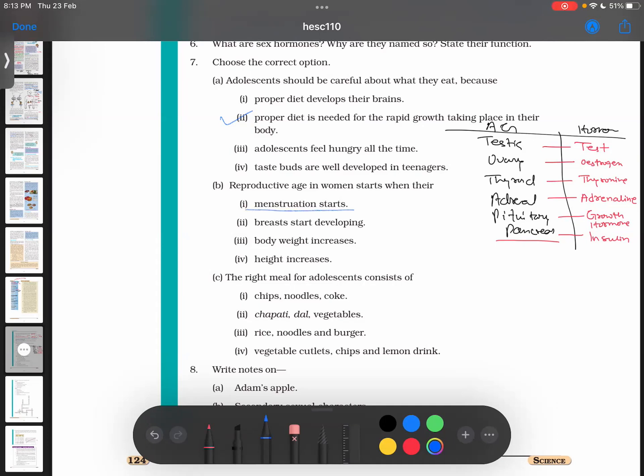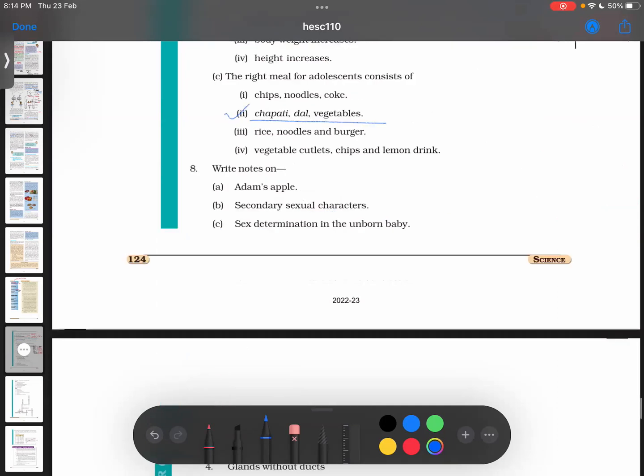Because menstruation is a sign that the release of ovum from ovary has started. Okay. The right meal for adults is of... The second one, sir, chapati, dal, vegetable. Chapati, dal, and vegetable. Very good.